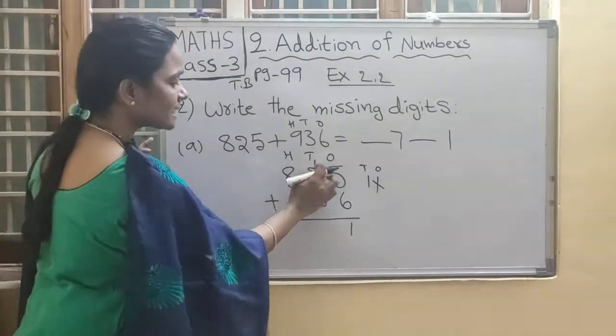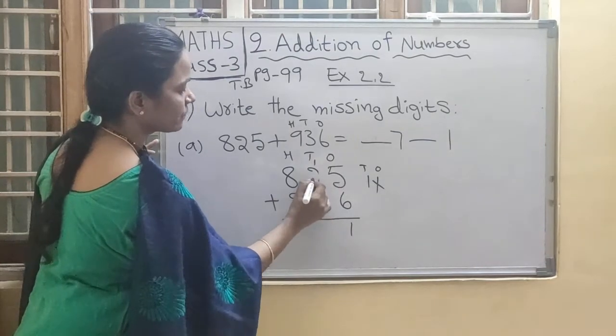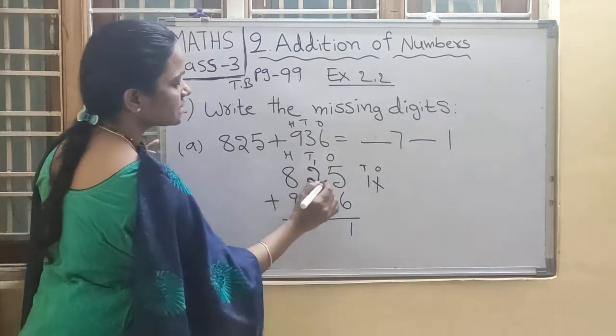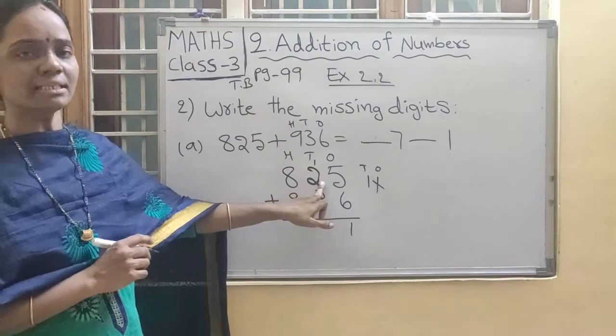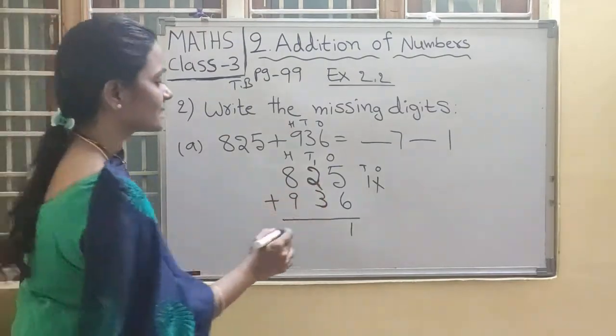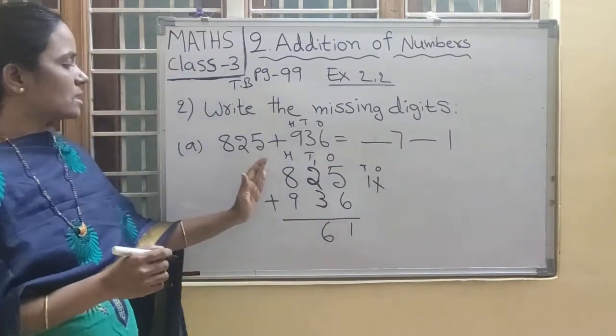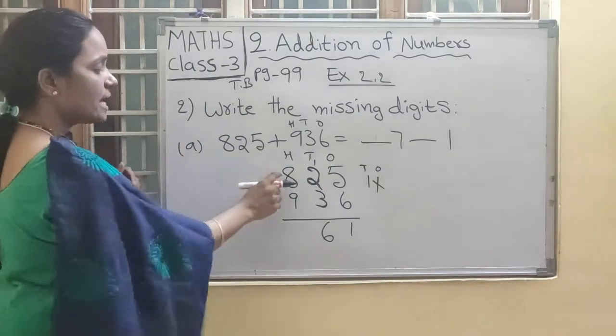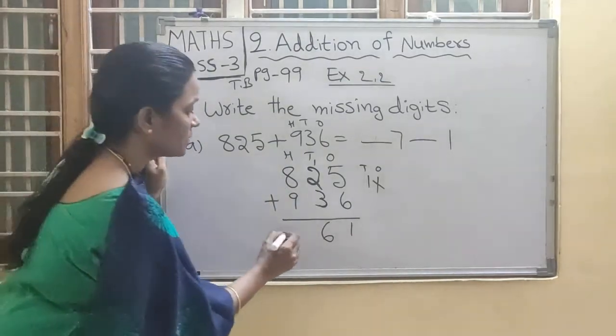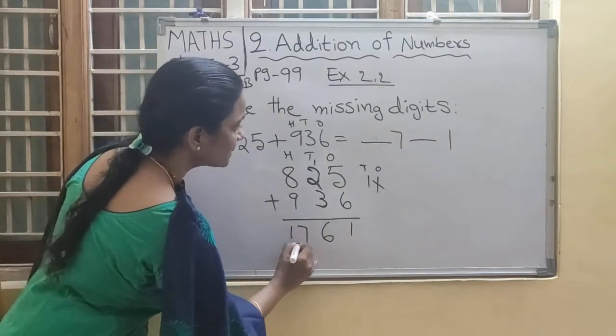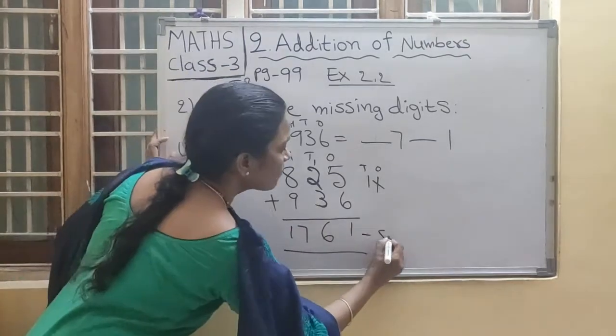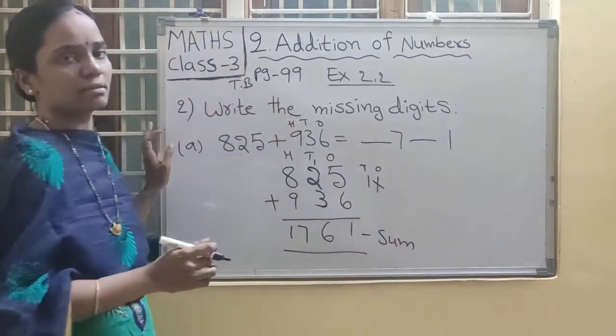Now add the digits at the tens place. 1 plus 2, how much, children? 3. 3 plus 3 is 6. Next, go to the hundreds place. 8 plus 9, how much, children? 8 plus 9 is 17. So this is the sum. This is the answer.